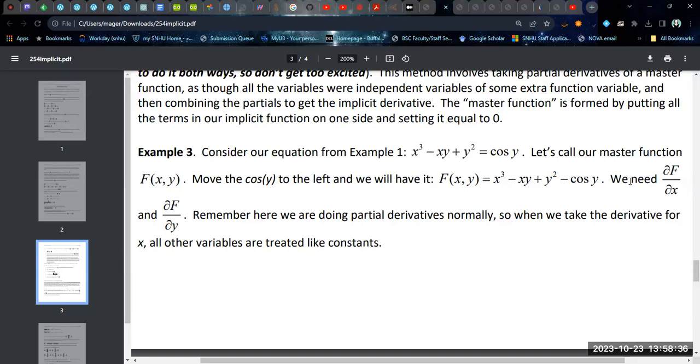And then I'm going to need to find the two partial derivatives for this function for both x and y. Now, remember, now that we've been doing the implicit one, partial derivatives, we're going to just take the derivative for x normally, treat y like a constant, and vice versa. When we do the derivative for y, treat y normally, treat x like a constant.